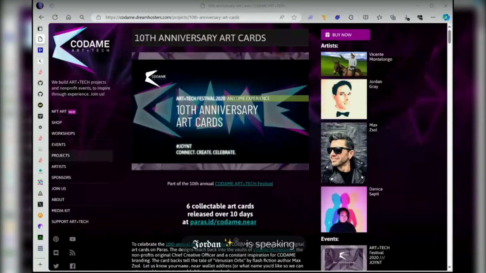Yay. Yeah, I'm going to go over some of the applications and history of NFTs on Near, and for me, this is kind of the introduction because this is how I got into blockchain in general, was through NFTs.